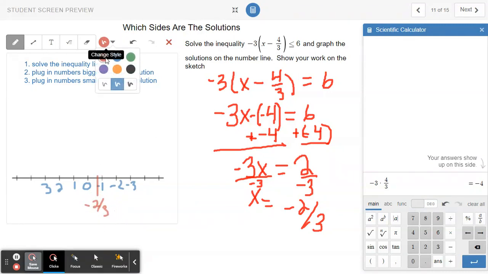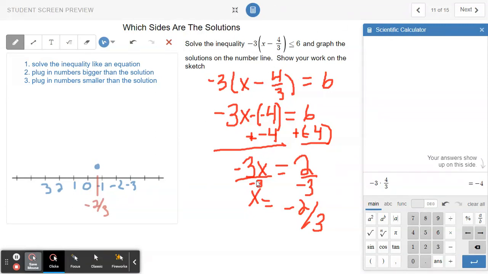And we already know that the answer can equal negative 2/3, so I'm going to put a dot here. We know we're starting with a solid dot because it can actually equal this number. Now, the question is, could the solutions be bigger than negative 2/3, or can they be less than negative 2/3 to make this true?